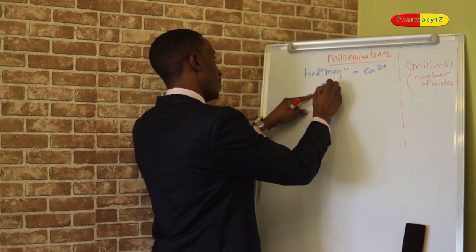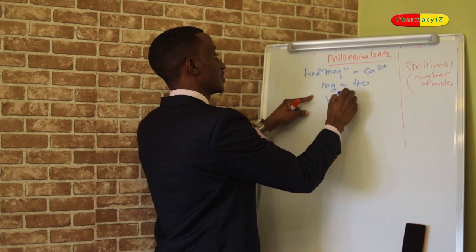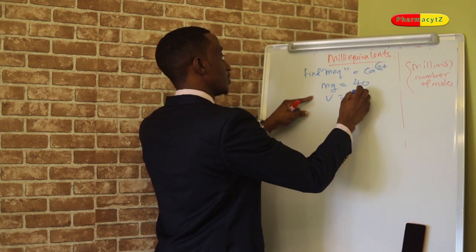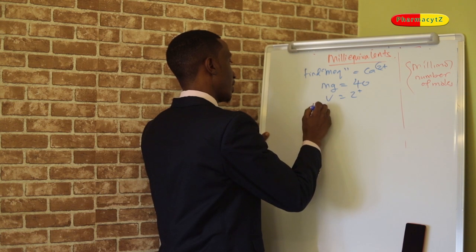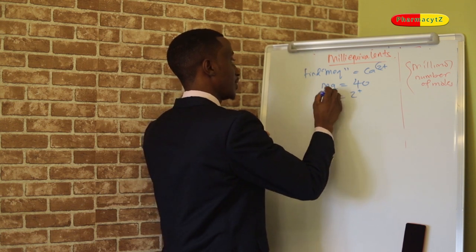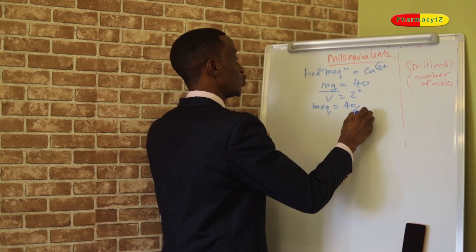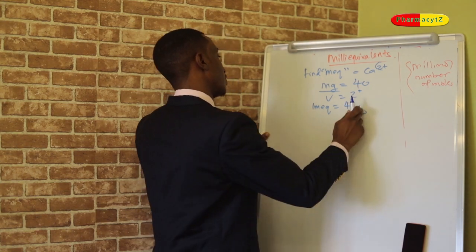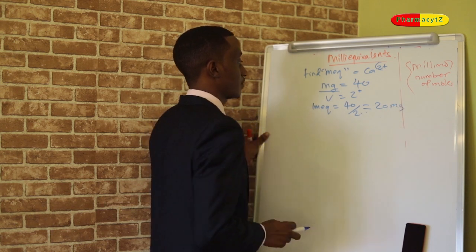The amount of milligrams of calcium is 40, and the valence is 2 positive. So the equivalent weight, 1 MEQ, is provided by milligrams over valence, and that is 40 over 2. So 40 over 2, you get 20 milligrams.